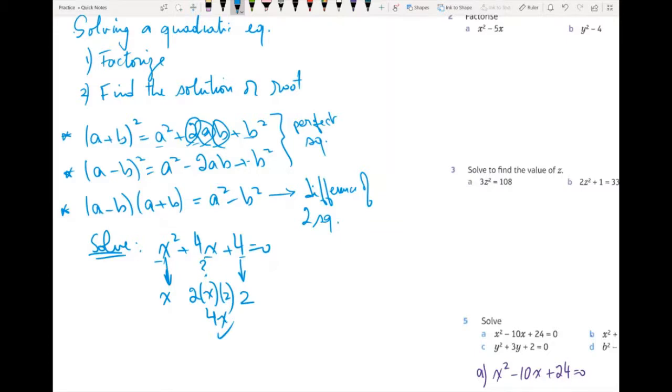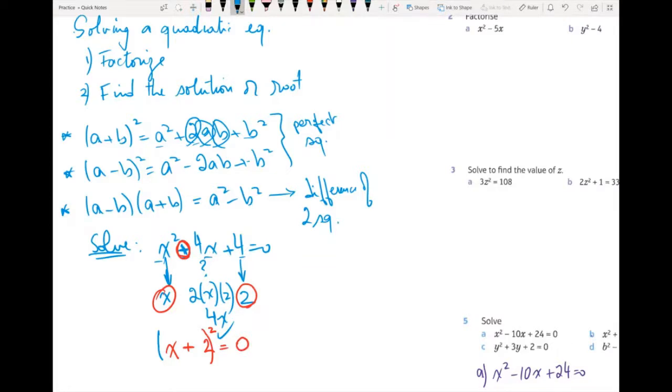Since we have a plus sign here and we already have a plus sign here, the factorization is going to be x and the 2, with whatever sign is next to the middle term. So it's plus, and then you write squared equals to 0.